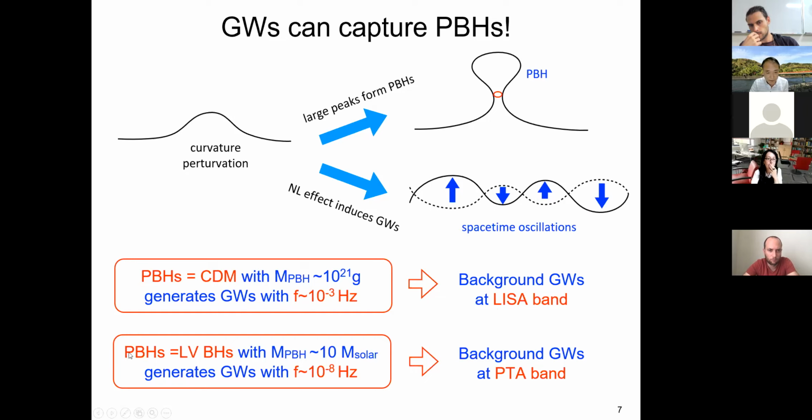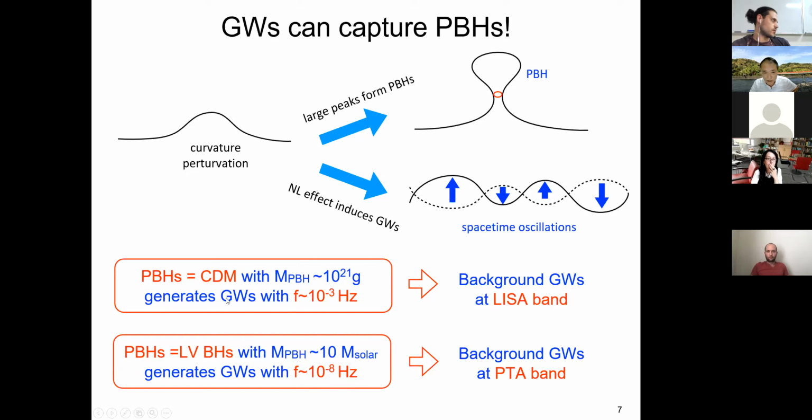If some, or maybe all, of the LIGO-Virgo black holes are primordial, then the corresponding frequency for those curvature perturbation generated gravitational waves will be about 10 to the minus 8 hertz, which is at the pulsar timing array band.